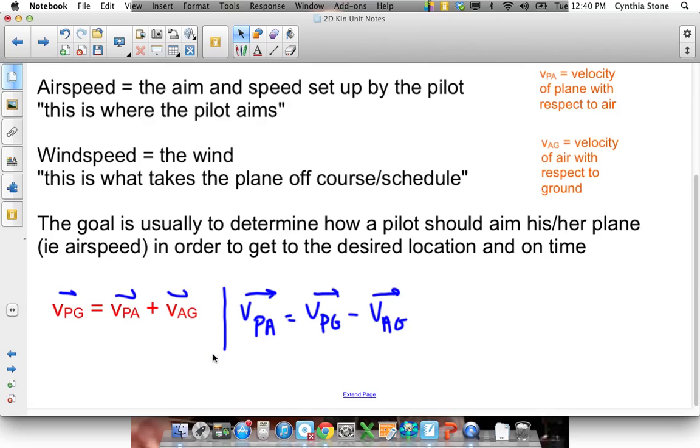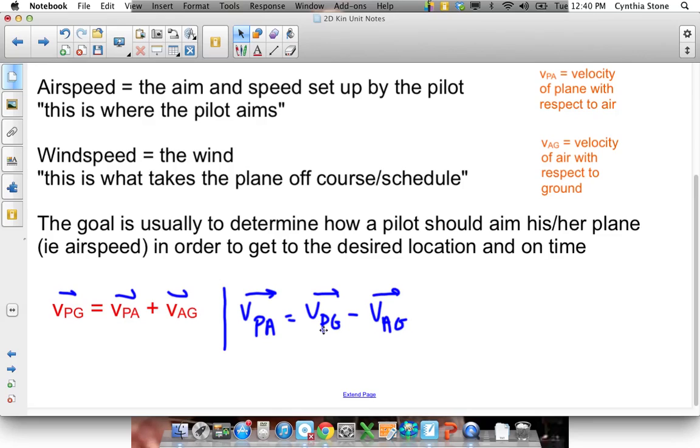Though most often in the examples, or forget examples, if you think about what an air pilot has to do, they normally have to figure out their airspeed in order to maintain a schedule. So the flight plan is that it's going to take off at 3 p.m., land at 7 p.m., say Toronto to Vancouver.